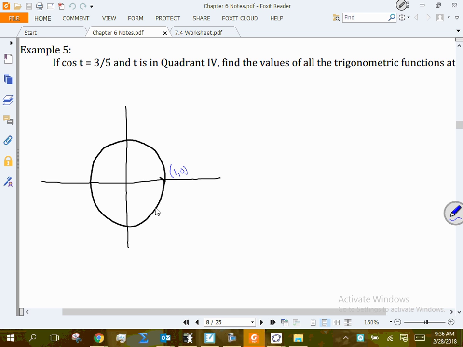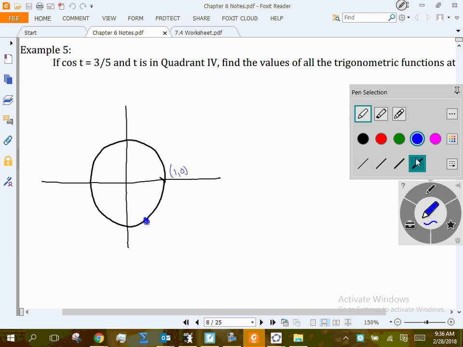So t is somewhere on this arc in quadrant 4. So I'm just going to put it maybe right there. So remember what that means to us. The t value is that arc, and it provides this point, and that point is a cosine, comma, a sine value, right? Does that make sense, everybody? What do they tell me that point's cosine value is in the question? 3/5. So the ordered pair here starts off as 3/5.